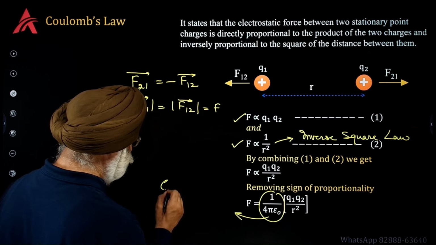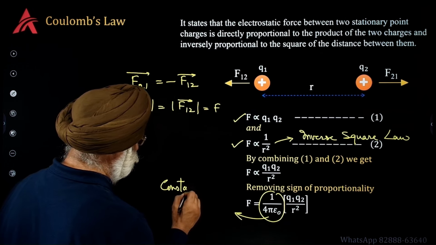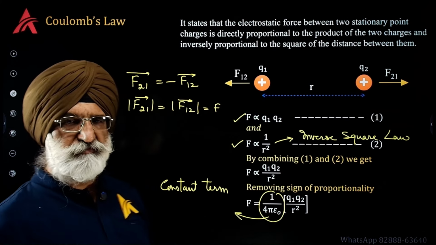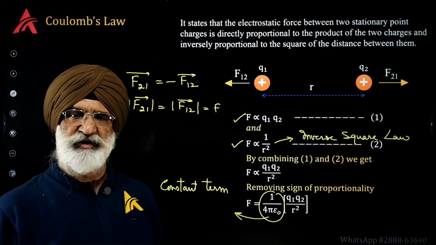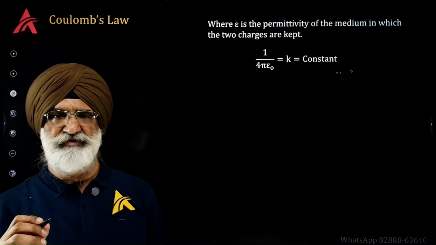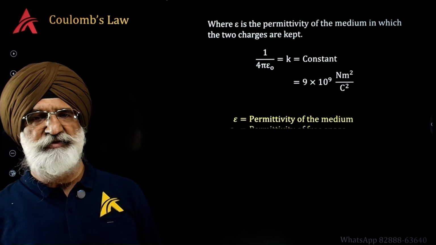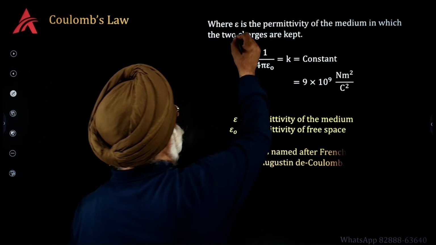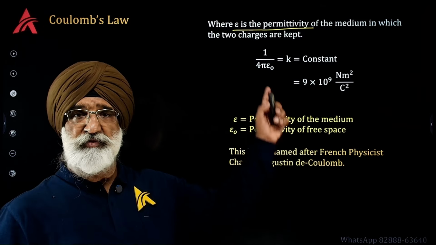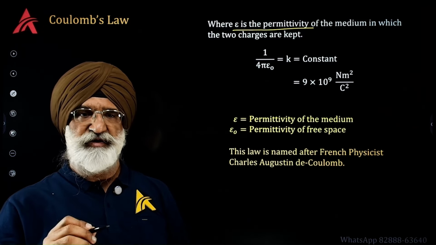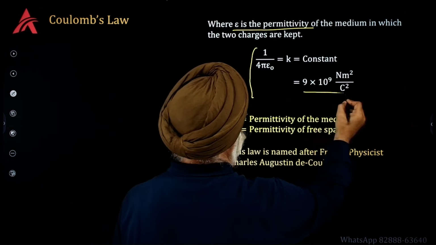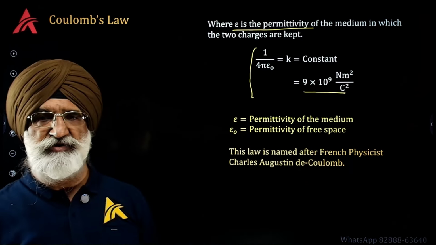Epsilon naught is a constant term. Now here epsilon is called the permittivity of the medium in which we are keeping the two charges. 1 upon 4 pi epsilon naught is a constant term whose value is 9 into 10 to the power of 9 newton meter square per coulomb square.